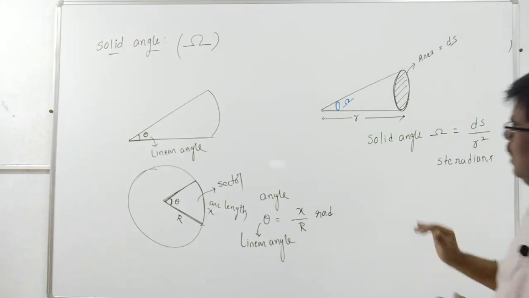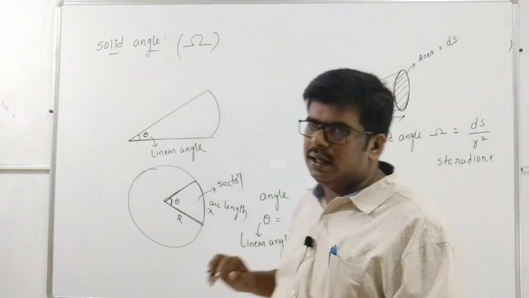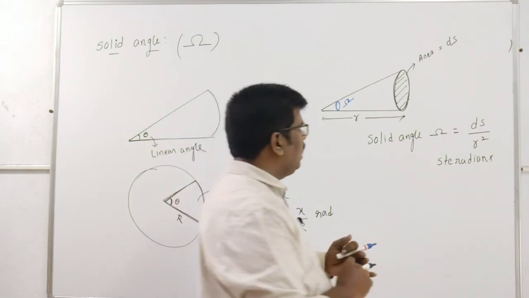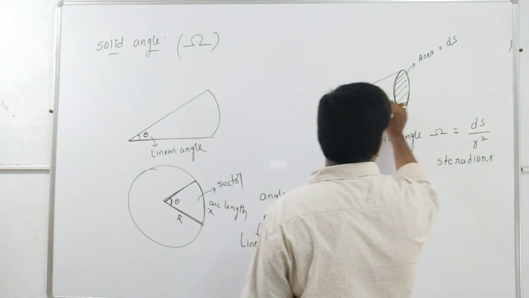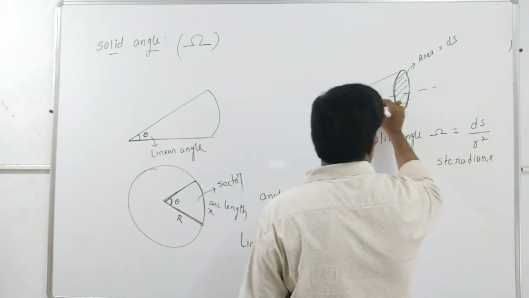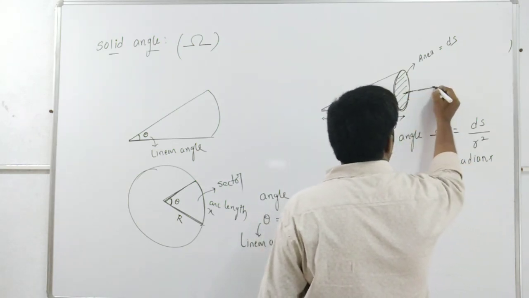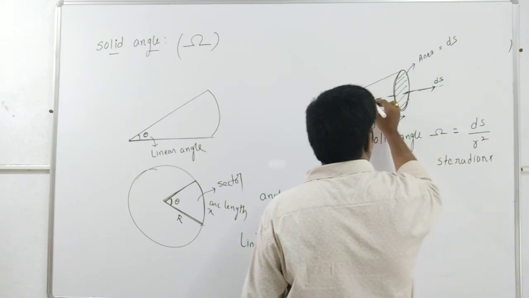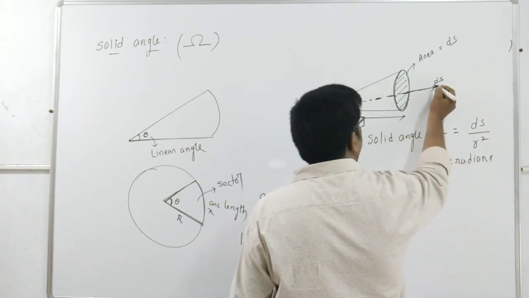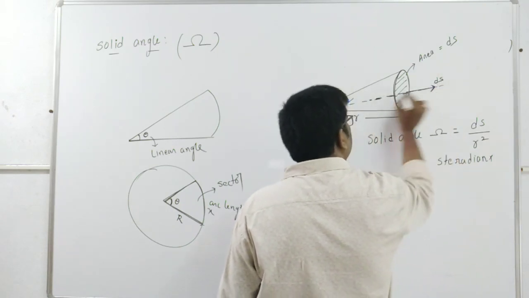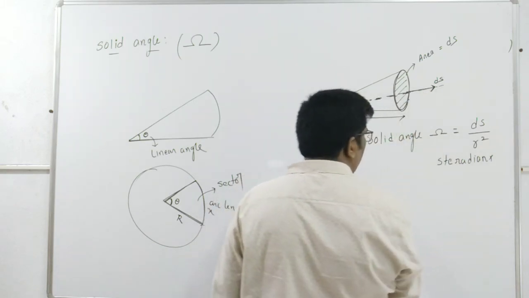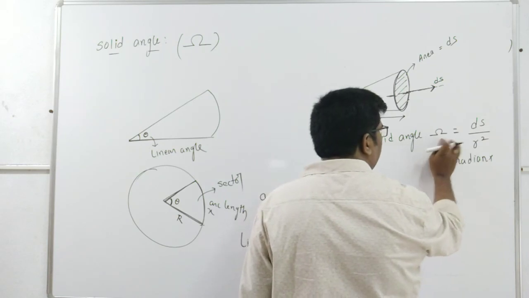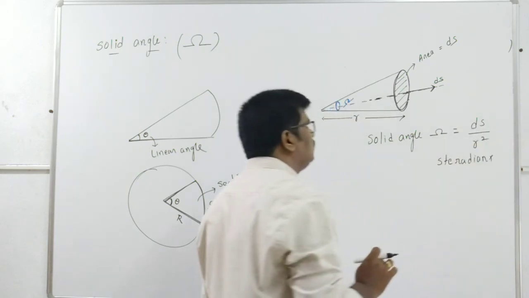Now we need to discuss that this can be written directly when the axis passes exactly through the surface area ds, that is, the area vector is along the axis of the cone. If the area vector is along the axis of the cone, you write the solid angle as ds by r square.